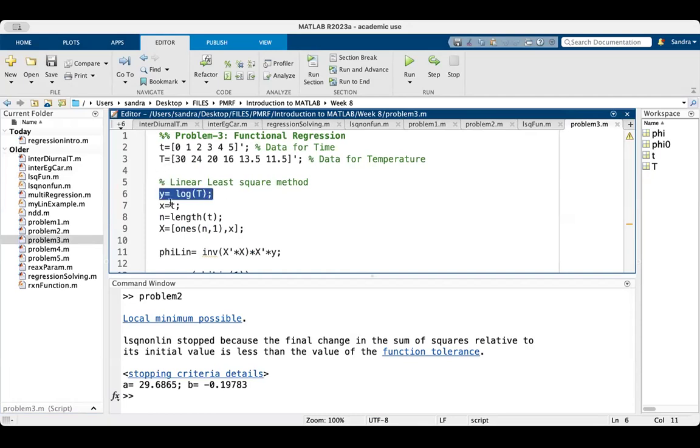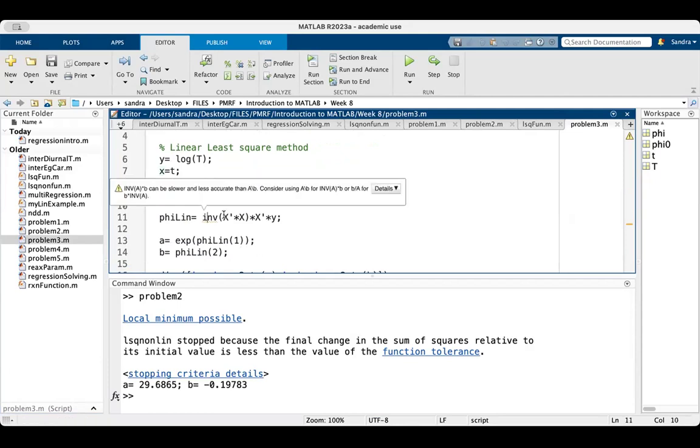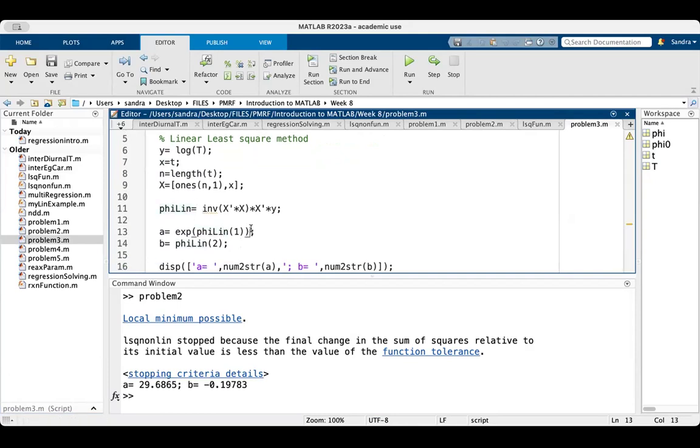You have to take the log of temperature and the time remains as such. First I'm making the X matrix all ones and then the X values. Then I take the inverse of X transpose X, multiplied by X transpose Y, and I have to convert it back. From the phi value, I take the exponential of the first phi value to get A. B is as such, the second phi value. Let me run this code and we'll compare.